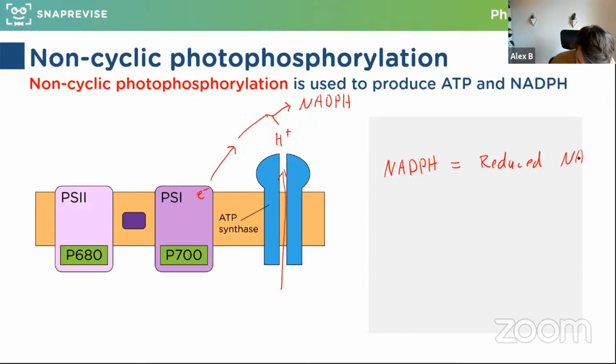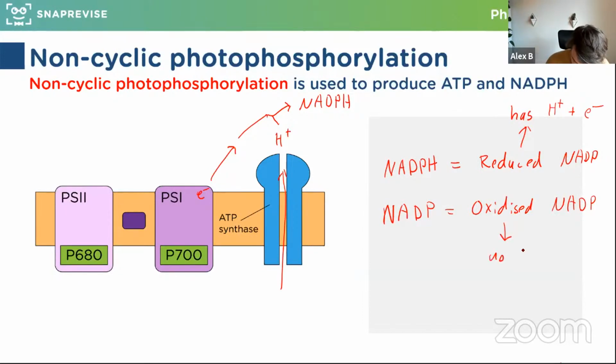Reduced NADP. Oxidized NADP. So this one has H plus, e minus, and this one has no H plus, e minus.